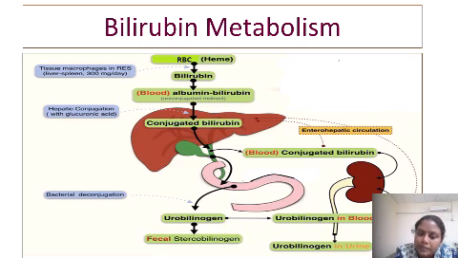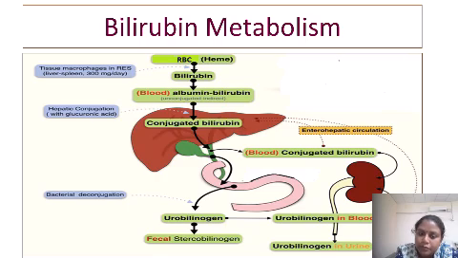The bile, which is secreted into the duodenum, carries the bilirubin. Here the bilirubin will be deconjugated to urobilinogen as it reaches the colon. The intestinal microflora in the large intestine will convert the bilirubin to urobilinogen, which is later converted to fecal stercobilinogen.